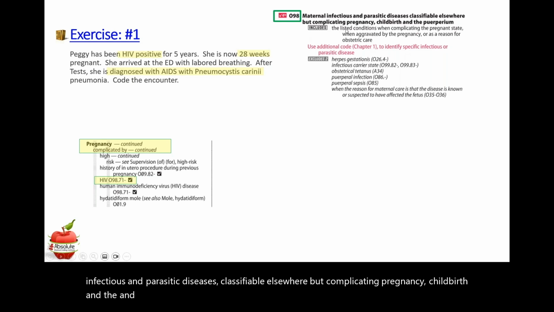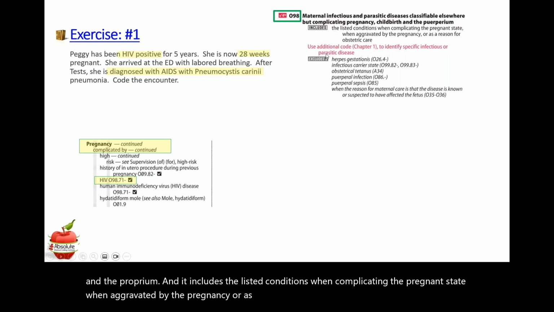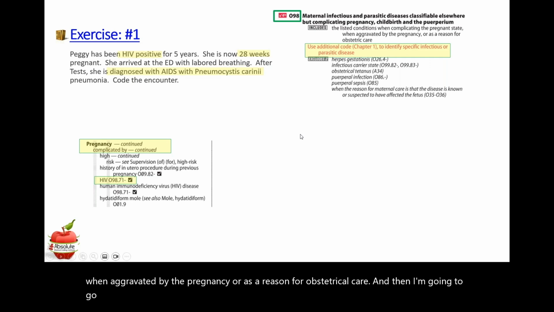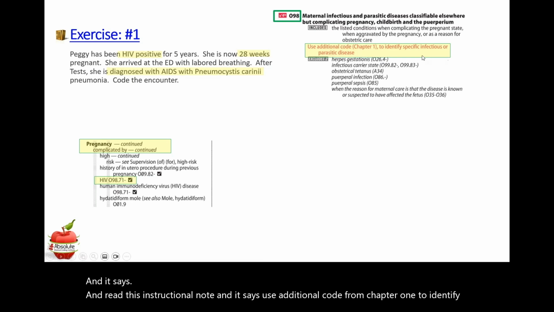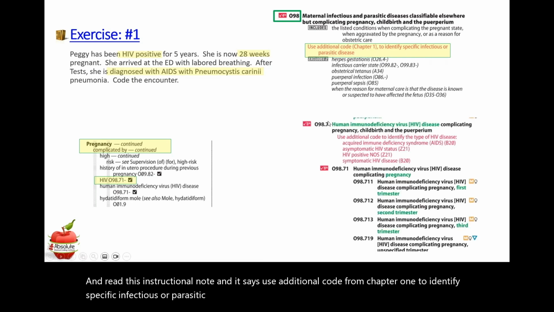It includes the listed conditions when complicating the pregnant state, when aggravated by the pregnancy, or as a reason for obstetrical care. Then I read this instructional note, which says use additional code from chapter 1 to identify specific infectious or parasitic disease. If we just read, it will guide us all the way.